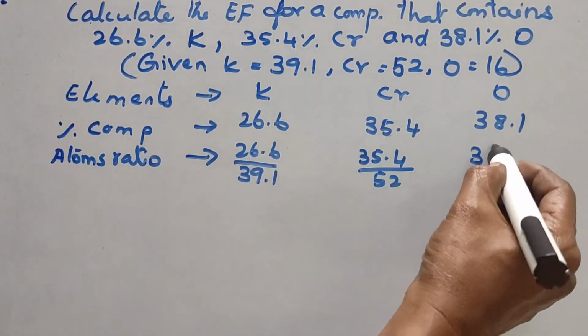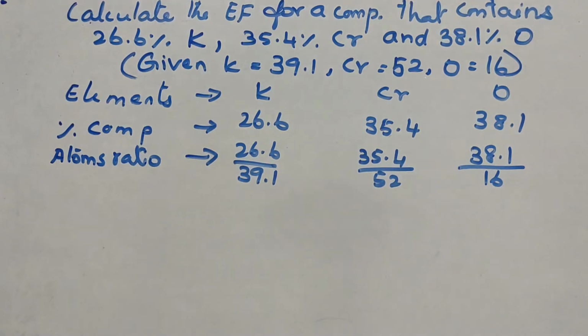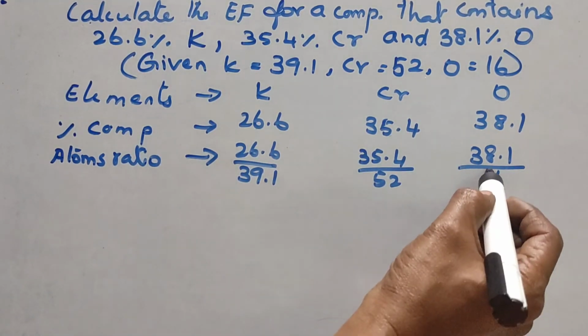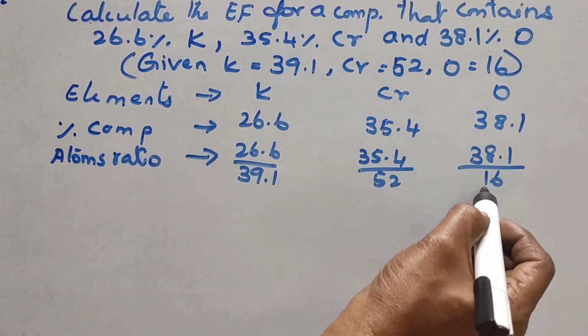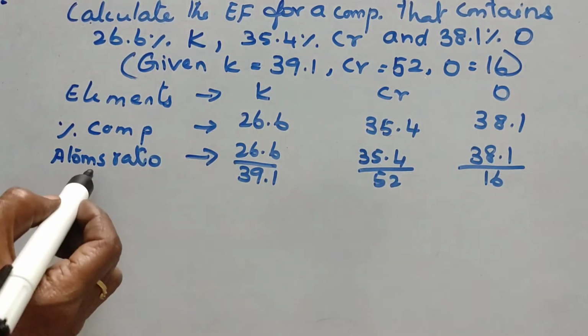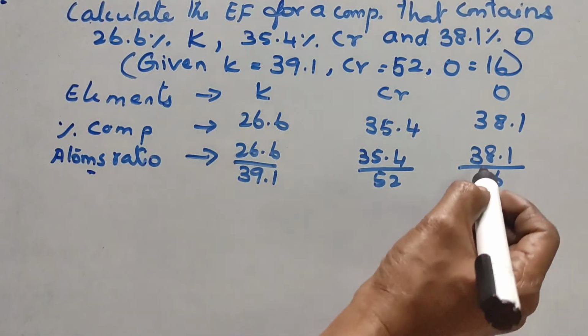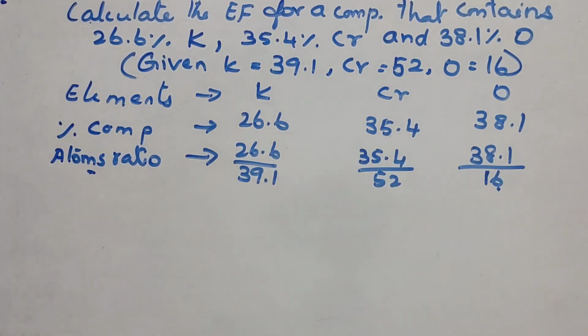Next, oxygen, 38.1 by 16. Here students will get confused whether we have to write atomic mass or molecular mass 32. Here we are going to find out atoms ratio only, so you should write atomic mass here.